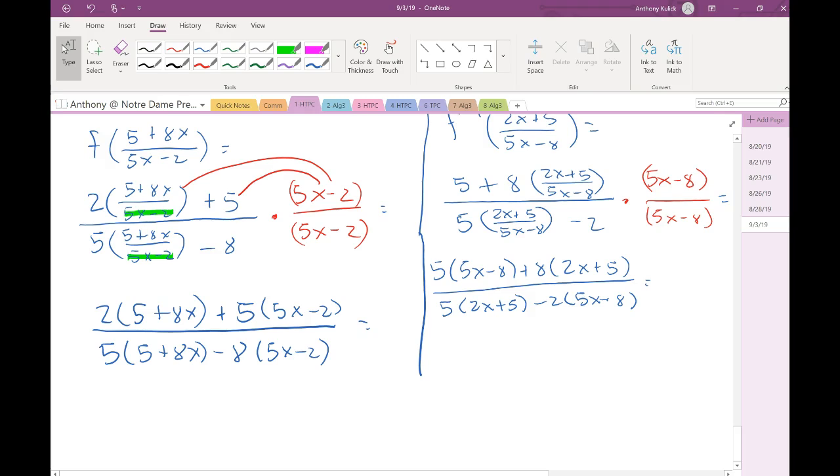And you can see here pretty quickly why I wanted to do this as an example, because the simplifying here is not trivial, it's kind of a pain. And we still have a lot more to go, right? So let's distribute all of this stuff out. Let's multiply it all out.